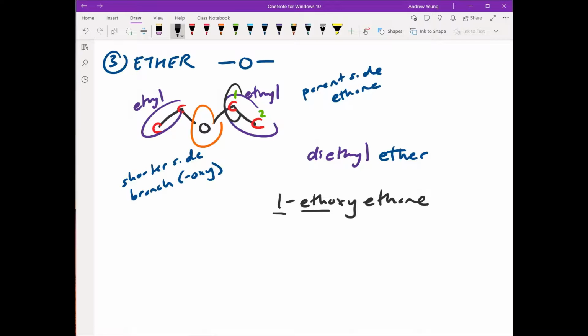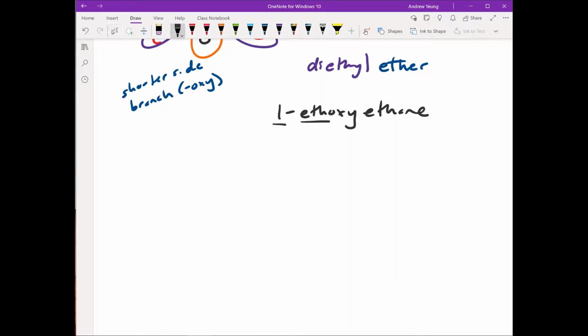All we're going to do, just like I've done here, is circle it and label it as the ether. Moving on, we're going to go through a few last groups. Remember, for this stuff we don't need to do the full name; I'm just hinting at it for completeness' sake. You just need to know how to label these.